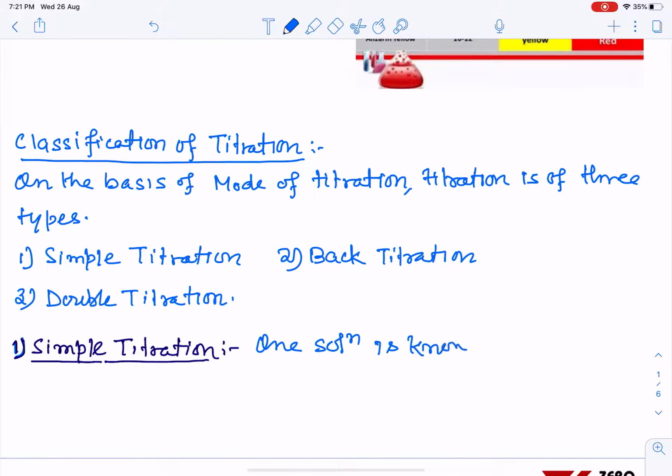and another solution is unknown. So when one solution is known and another solution is unknown, then this titration is known as simple titration.